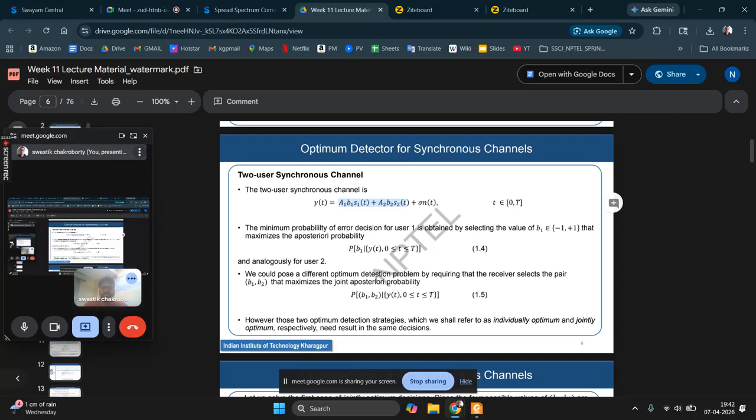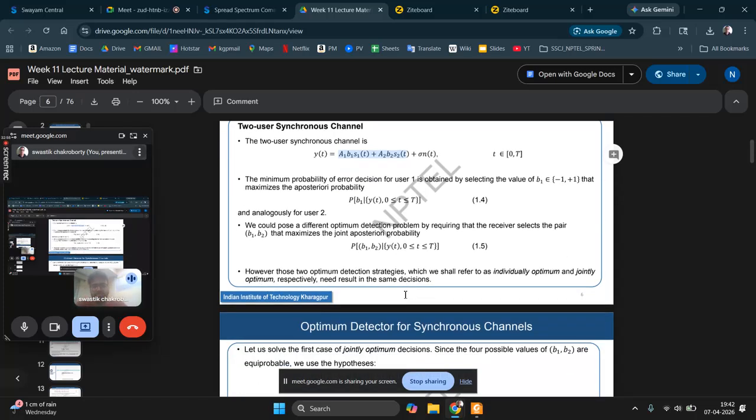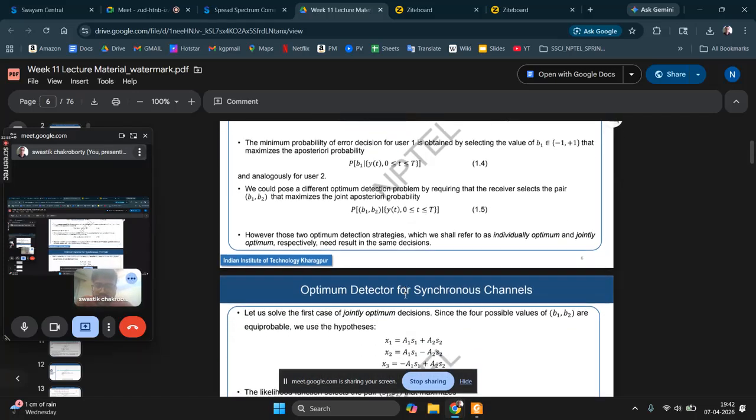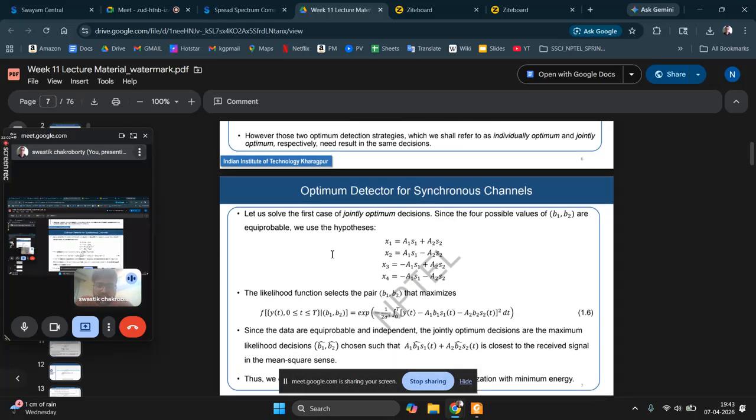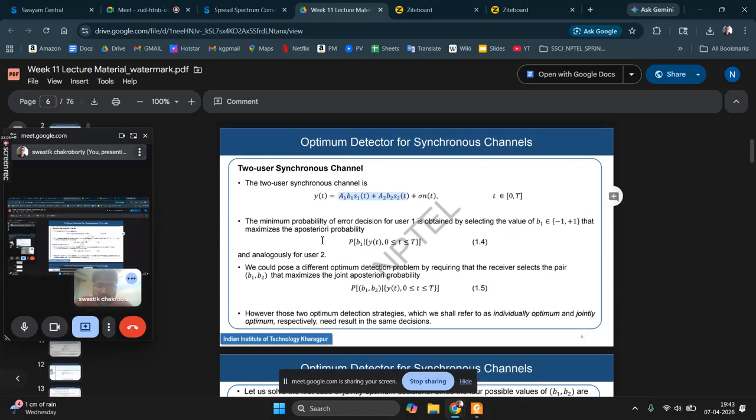We could pose a different optimum detection problem by requiring that the receiver selects the pair that maximizes the joint a posteriori probability. So the minimum probability of error for user 1 is obtained by selecting the value of b1 that maximizes the a posteriori probability. User 1 will have to make a decision, and it will make an erroneous decision if it detects -1 instead of +1 or +1 instead of -1.